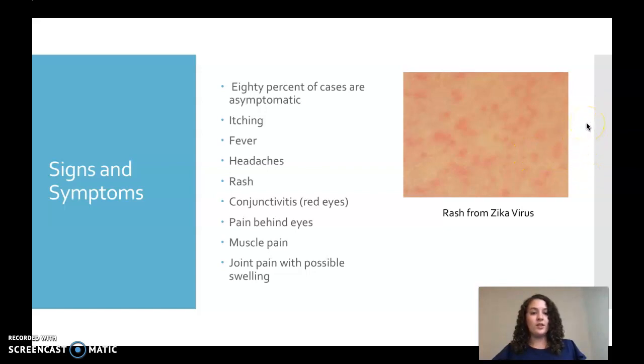This rash is characteristic of Zika virus. Fever, headaches, conjunctivitis, which is red eyes or bloodshot eyes, pain behind the eyes, muscle pain, and then joint pain with swelling. If you notice joint swelling, it's primarily going to be in these smaller joints in the hands and feet where swelling is more noticeable.